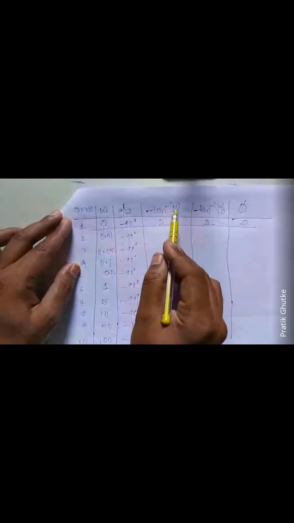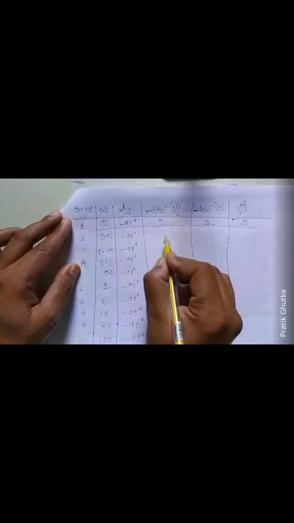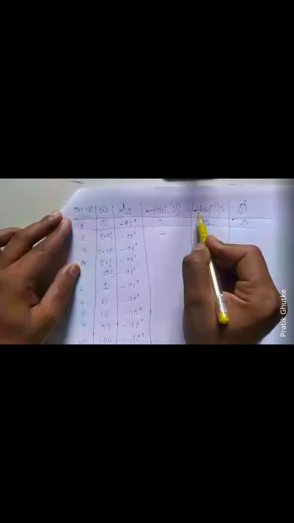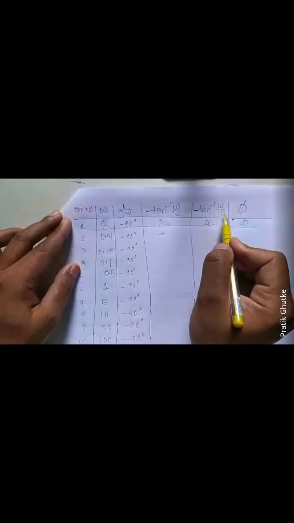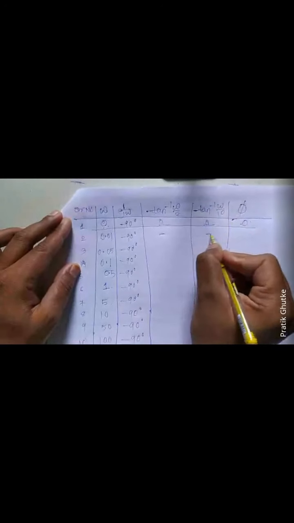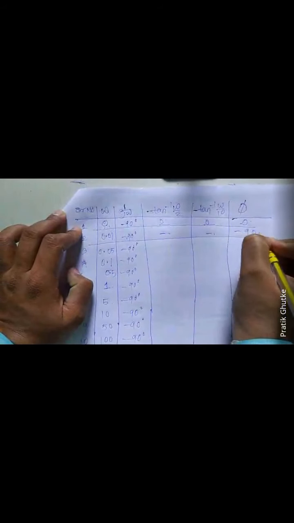When I take omega equals 0.01, it means minus tan inverse 0.01 divided by 2, that value I have to write here, and then minus tan inverse 0.01 divided by 10, that value I will write here. Doing the summation of all, meaning minus 90 degree minus these values, the total value I will write here. It is coming around minus 90.34.